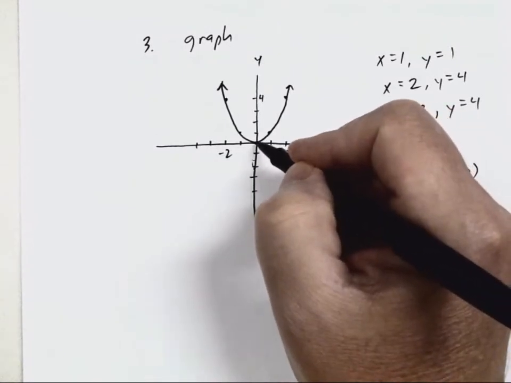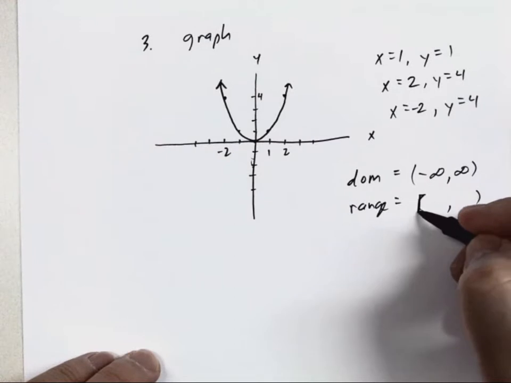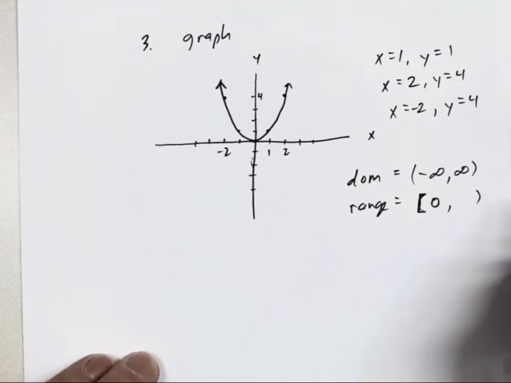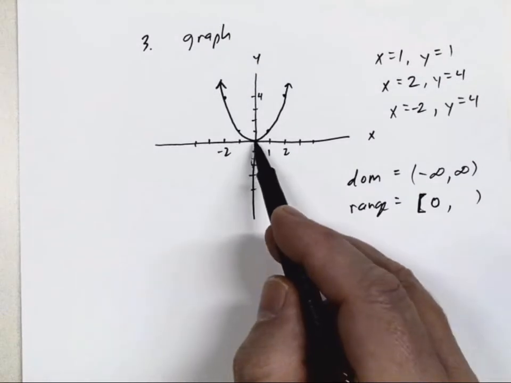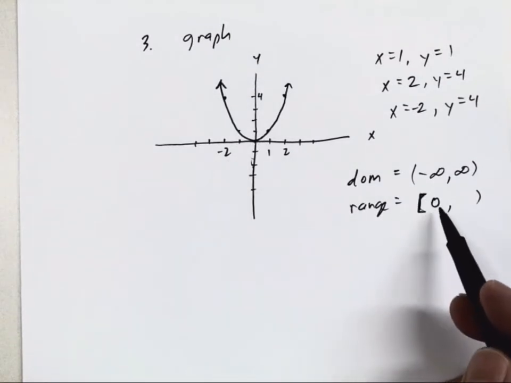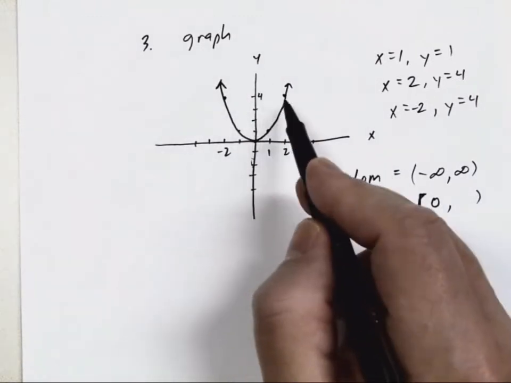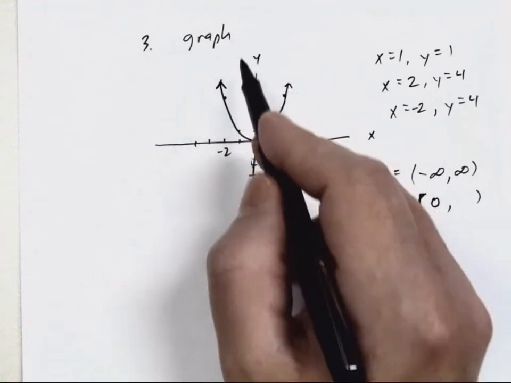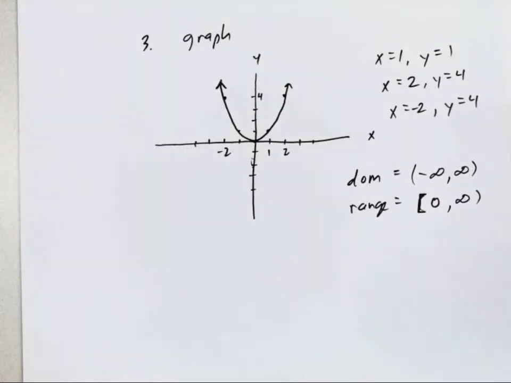The graph actually starts right here when y is 0. So I've got to put a bracket here. The smallest value of y is 0, and it actually includes 0, so I put a bracket 0. And then I ask, what's the largest value of y? How far up does this graph go? Infinity.